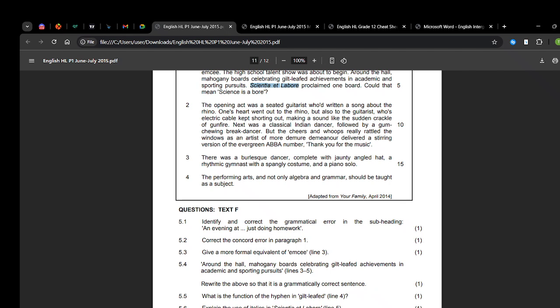We can all agree that this is in a different language. Scientia et labora. So why are they using italics? The use of italics in Scientia et labora is to differentiate that this is from a different language. It's not a common word, and hence why in the following sentence they try to find the definition of what that could mean.